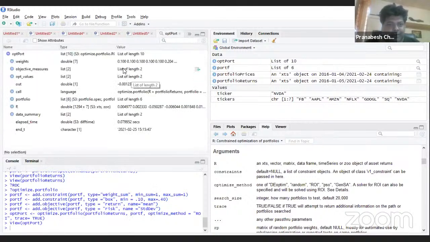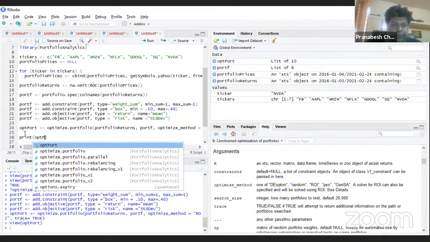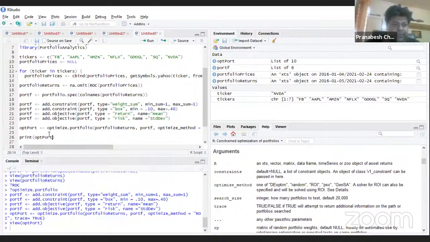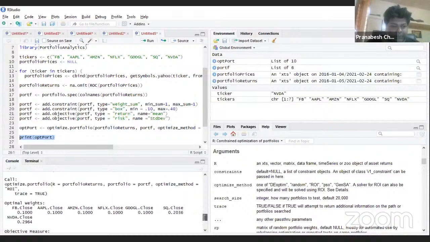It's a little vague, so let's do this: print OPT quote. Now let's run it. Okay, so you have got a mean and a standard deviation of your portfolio, and you see the weights that have been assigned.